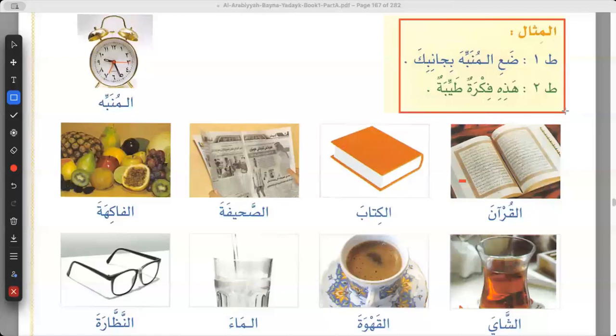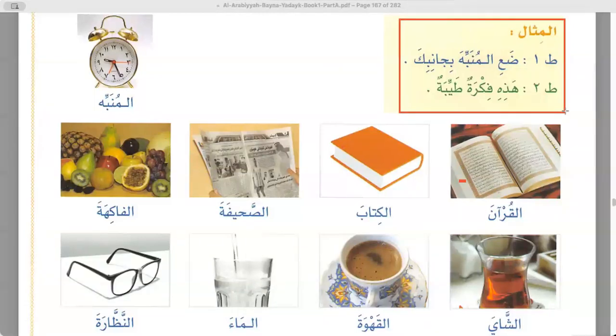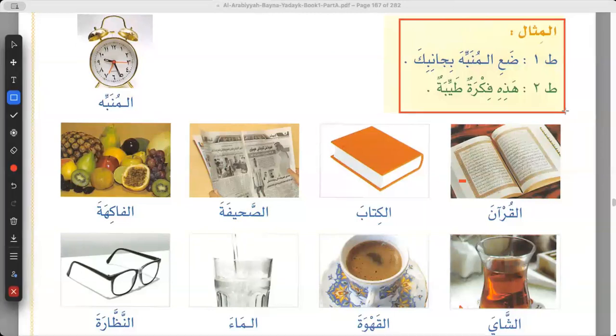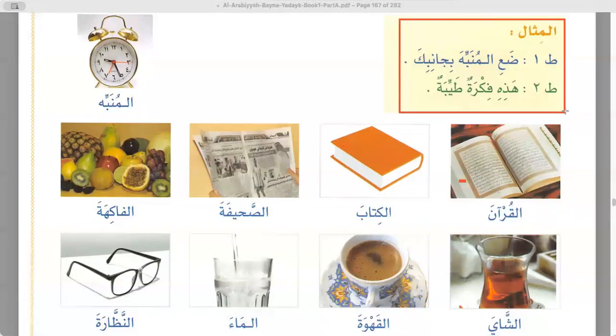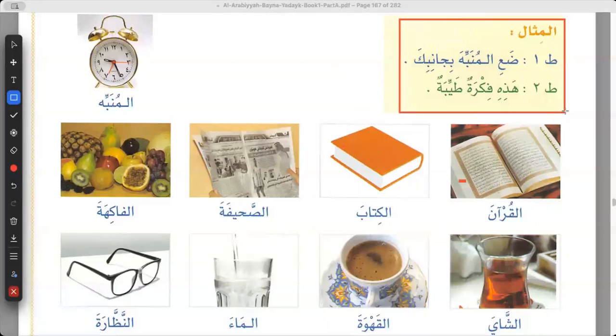Now, you are going to substitute the items here for al-munabbih. Okay? So when I call your number, you substitute what you have here for al-munabbih. So let's start from al-Quran.